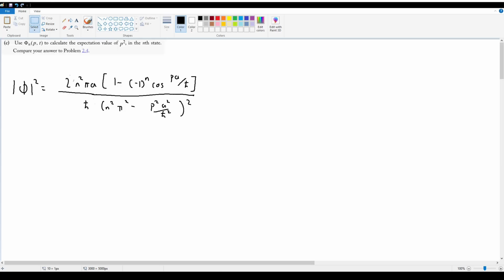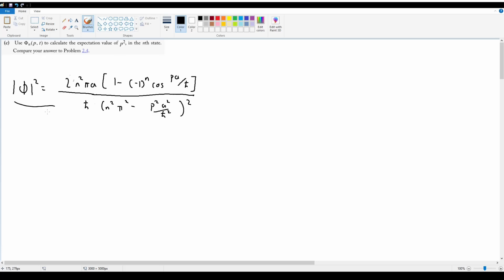Okay, C is either going to be extremely simple or pretty difficult, depending on if you're going to use a calculator for this expression or not. You are told to calculate the expectation value of p squared using the momentum space wave function for the infinite square well.